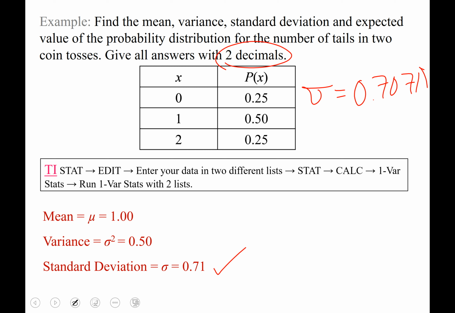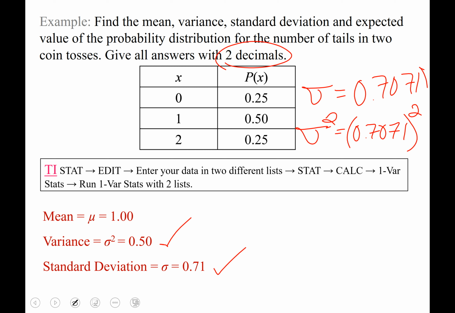Now let me backtrack to variance. To get the variance, we need to square sigma. It's not already there for us on our output screen. We have to square it ourselves. So type that in and hit squared. Let's hope I brought enough digits with me. 0.7071 squared. And if I round that to 2 decimal places, I do get half, or 0.5.